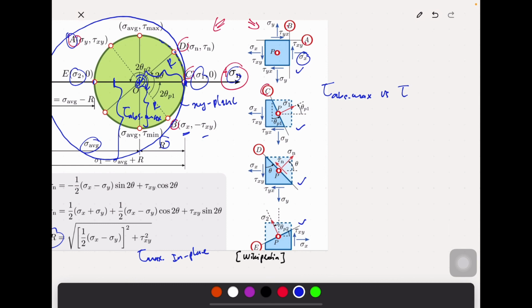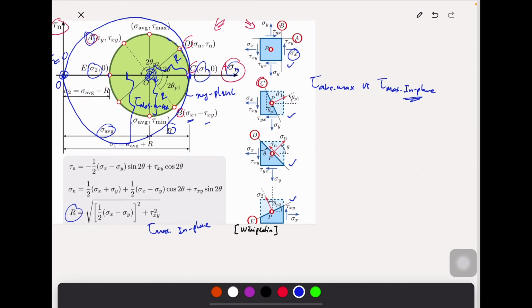Tau maximum in-plane, right? Obviously from the name, that is the maximum for that plane, but for this system, if you are given the numbers for sigma x, sigma y, and sigma z, then the absolute maximum is the new radius, which is the largest radius for the circle, and is obviously the absolute maximum for the system.